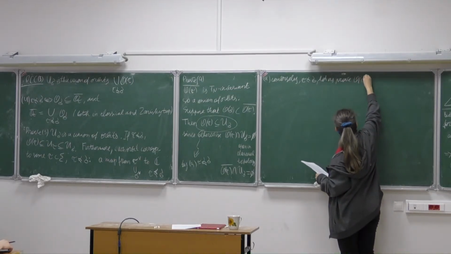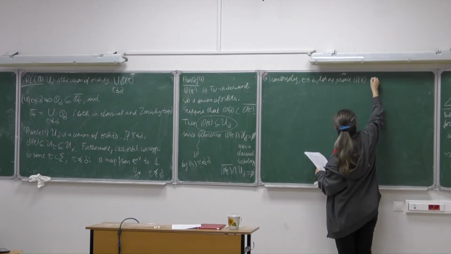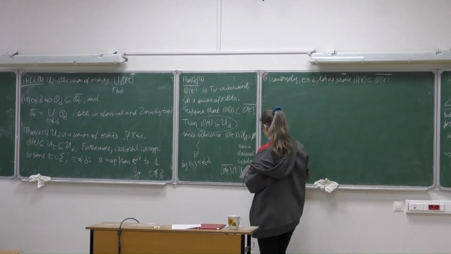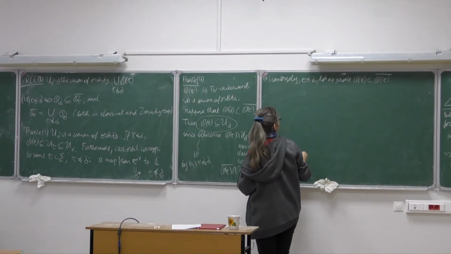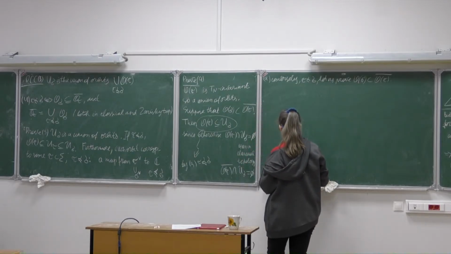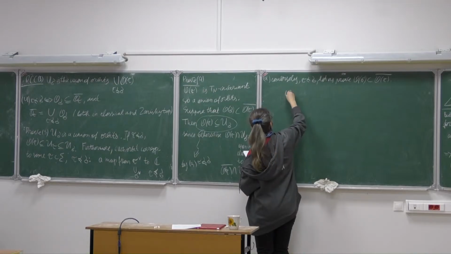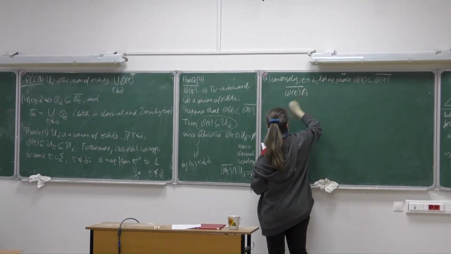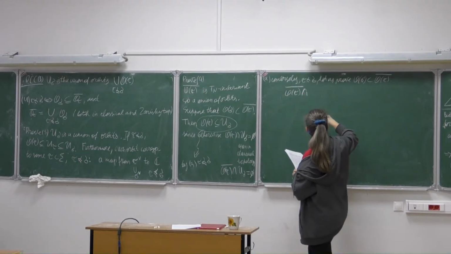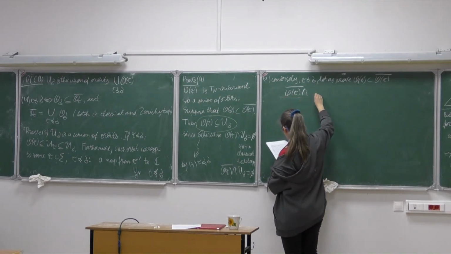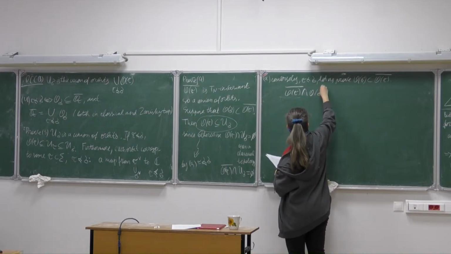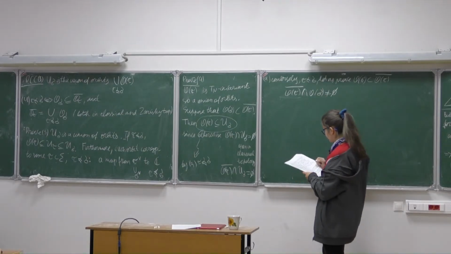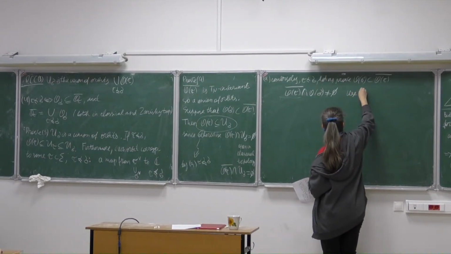We want to prove that O sigma is in O tau bar. As above, the idea is that this is a union of orbits. We want to show that this intersection with O sigma is not empty. Okay? And we use limit points.